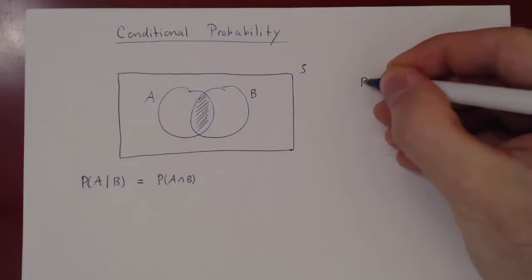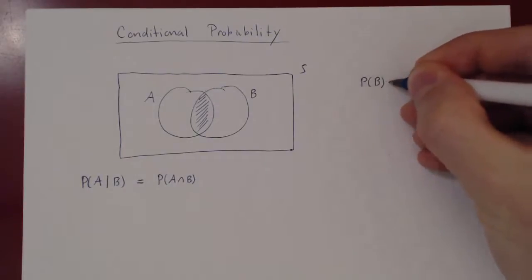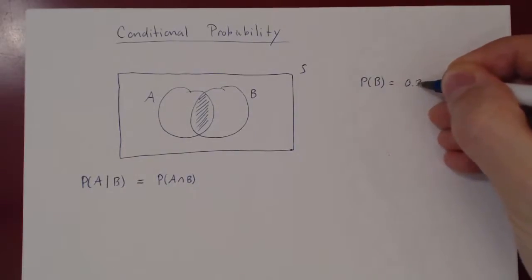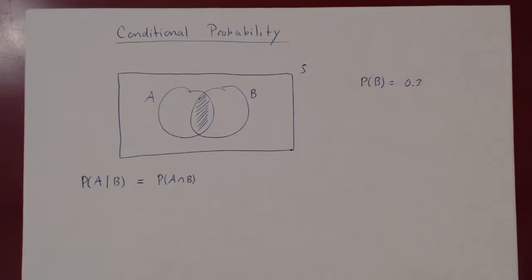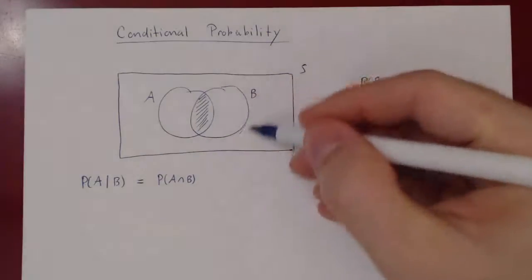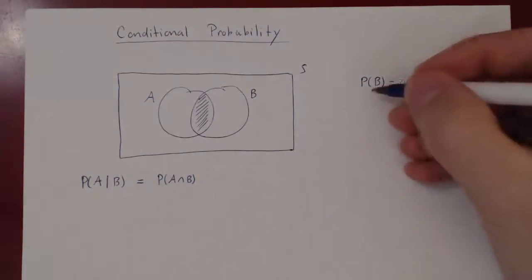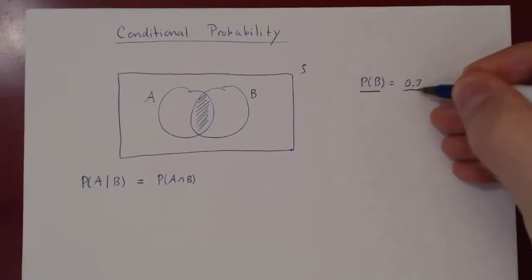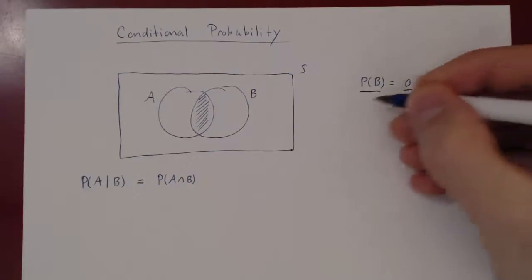Suppose that the probability of B was simply 0.3. Well, the idea is, by which factor do you rescale this region to make it so that the area of the region B becomes equal to 1? Well, rescale by the same amount.